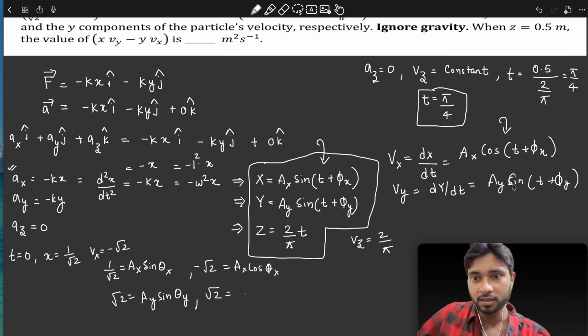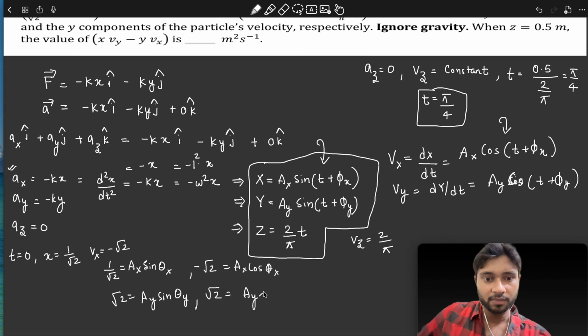This should be cos, I have differentiated it wrong. So I am rewriting it here again: ay cos(t plus phi y). Differentiation of sine is cos.